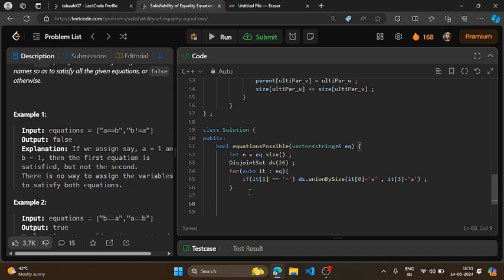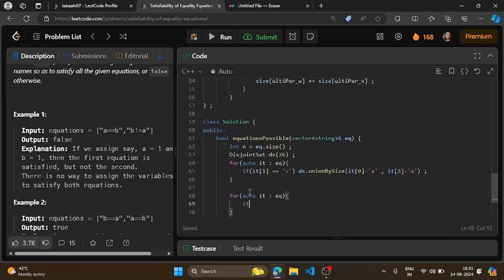Now what was our next step? We had to check for the inequalities in my equations. So I'll again traverse my equation vector and check if it shows some kind of inequality, so if IT of 1 is equal to the not equal sign.